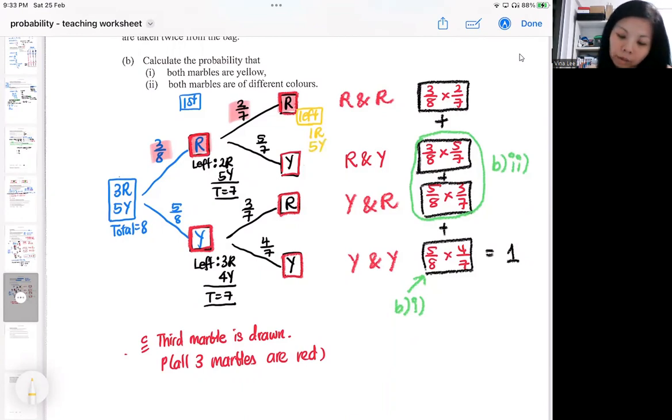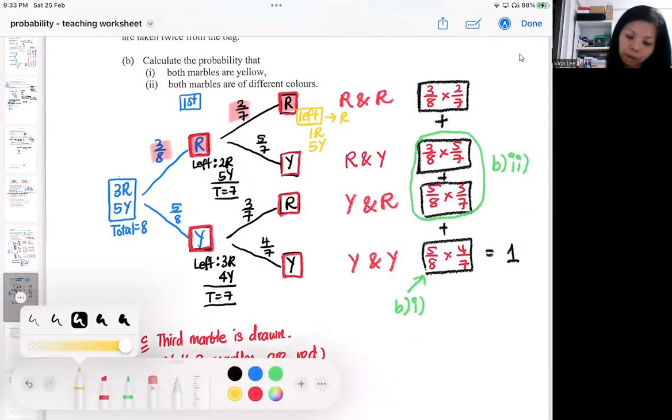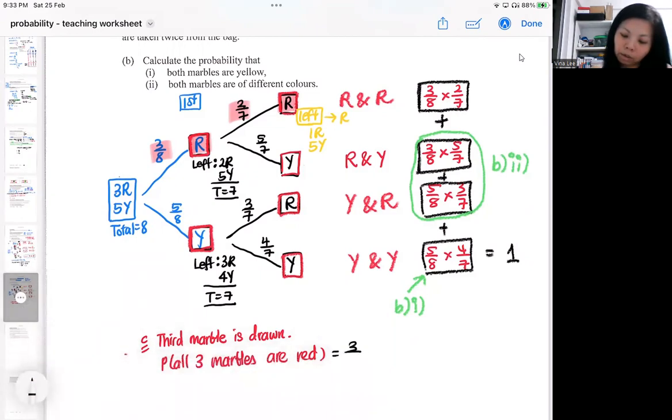So subsequently, if I draw out a red, it will be 1/6. So the probability will be 3/8 times 2/7 times 1/6. You do not need to extend out the whole tree diagram.